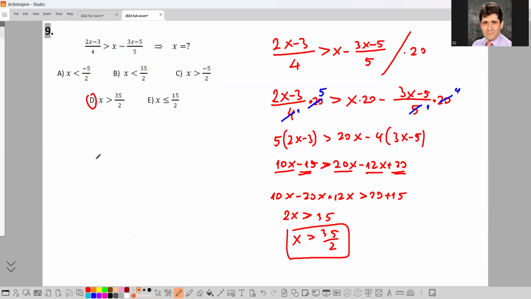Now also you can use a bit of guessing method. For example, I would immediately cancel out the option which is under E. Why? Because of the sign. I'm having here greater than, so my options will only be greater than or less than in linear inequalities, of course.